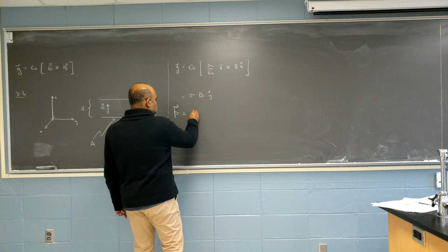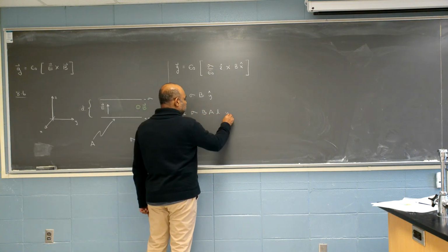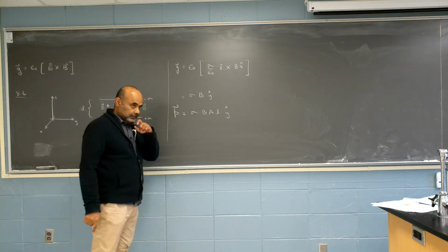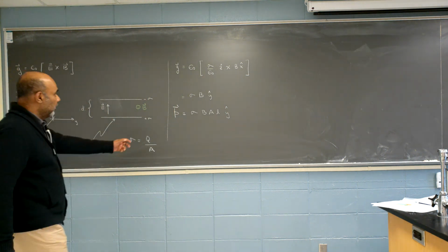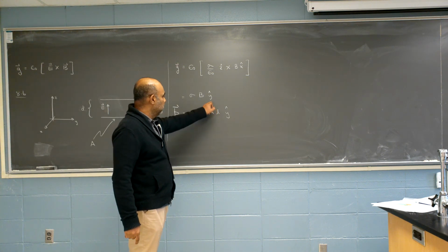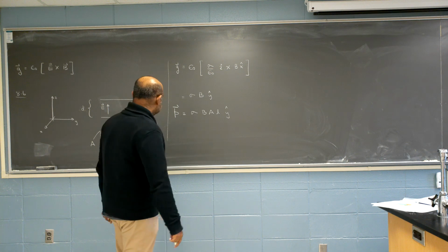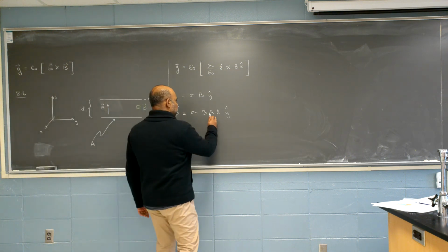So it is sigma B area times length in the y direction. I took the momentum density and multiplied it by the volume. The direction remains the same.